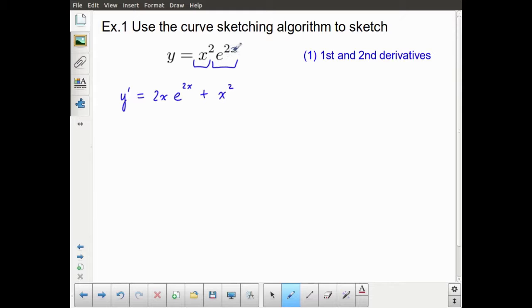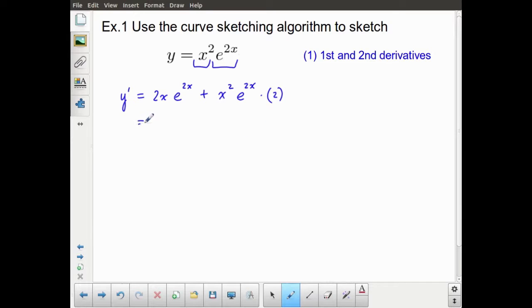And then the derivative of the second term is going to be a chain rule derivative of this exponential function. So the derivative of e to the anything is e to that same thing, but the chain rule says I also have to multiply this by the derivative of whatever was the argument of the exponential function. So in this case, the derivative of that is equal to 2.